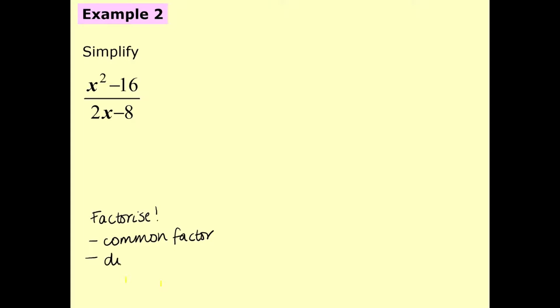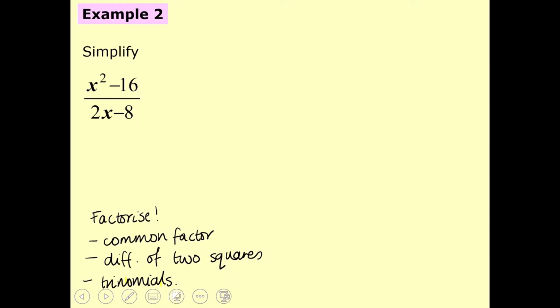If there isn't a common factor, is it a difference of two squares? And if it's neither of those, check for trinomials. It's really important that you remember these steps of factorising and what to look for first before you move on to try another type of factorising.